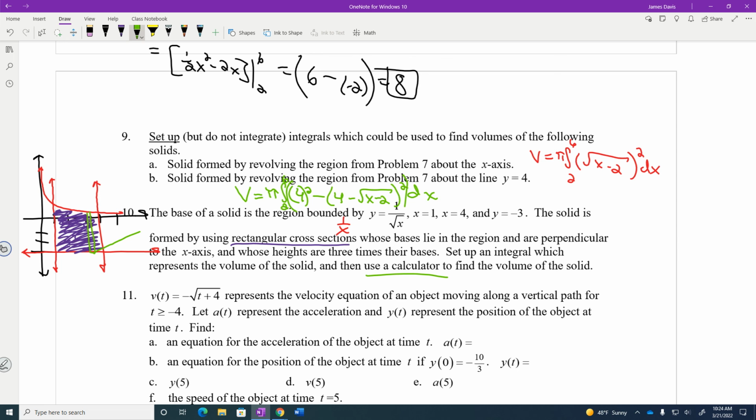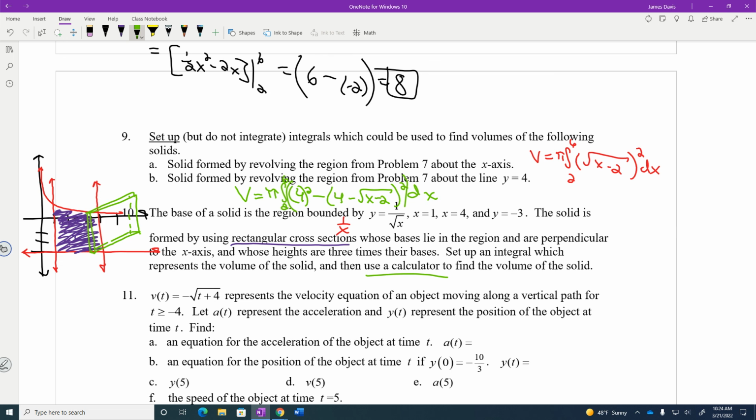Does that kind of make sense? I know this is one of the harder ones to visualize. But that's what's happening. So we got these rectangles up like this. The height is the function, right? And then the depth is 3 times the function. And the function being not just the function, I guess that's a bad choice. The function is from here to here.